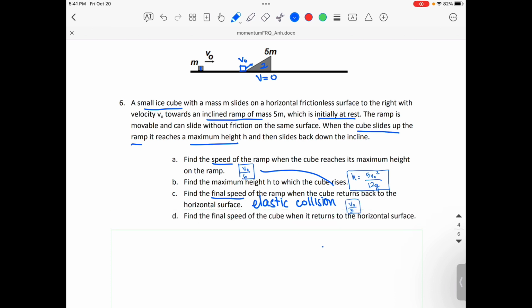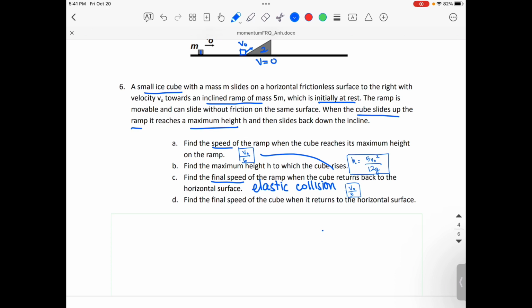The last step is to find the speed of the cube when it returns to the horizontal surface. I'm going to use the same equation for the cube, except this time v1 final is equal to m1 minus m2, so m minus 5m, over the sum of those masses, times v1, which is v naught, plus 2m over the sum of those masses times the velocity of my ramp, which is 0.